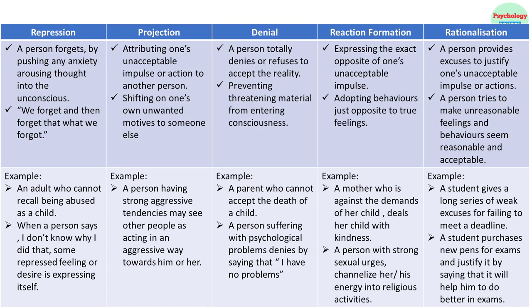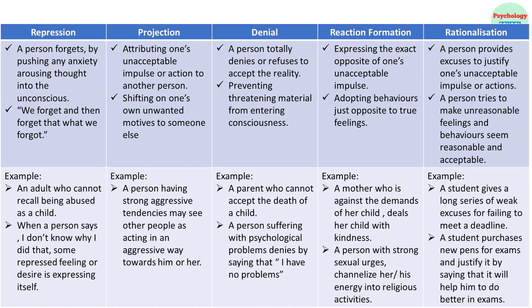Next is denial. In this mechanism, a person totally denies reality or refuses to accept reality or facts. An example can be a parent who cannot accept the death of a child, or a person who is suffering from psychological problems and denies it by saying, "I have no problems."